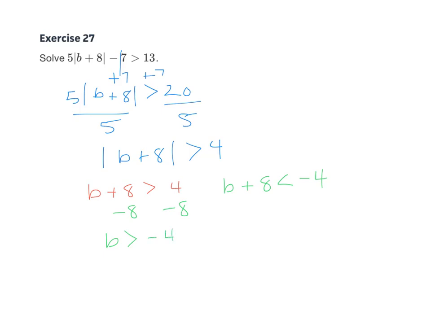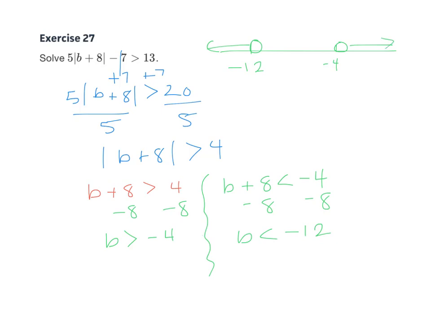And over here on the right, I minus 8, I get b is less than negative 12. I'm going to graph it to see if it's an and or an or. At negative 12, it's an open circle running to the left, and at negative 4, it's an open circle running to the right. So it's an or, so we do not have to put it back together.